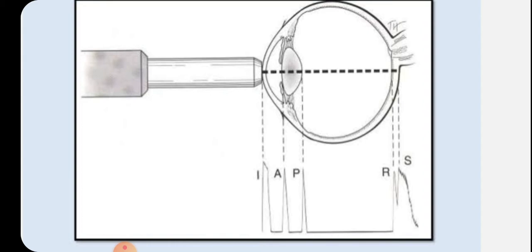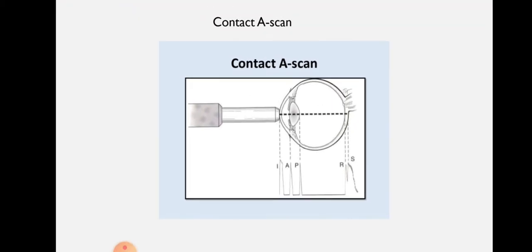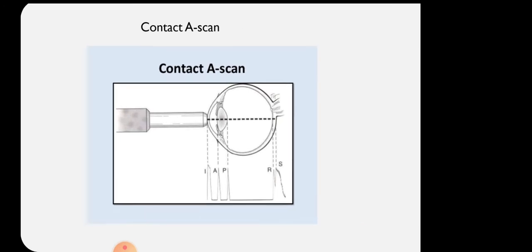As it passes through the structures, a spike is created in the cornea, the second spike is created at the anterior surface of the lens, the third spike is created at the posterior surface of the lens, and the fourth or last spike is created at the retina. This is how contact scan is performed, and how it shows the result.